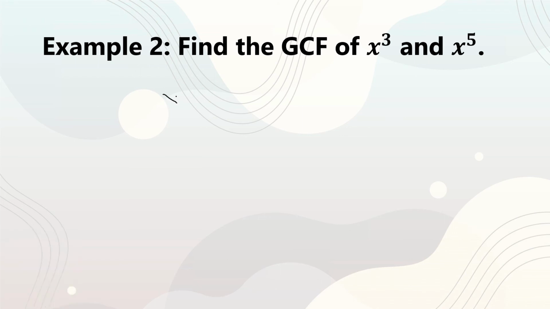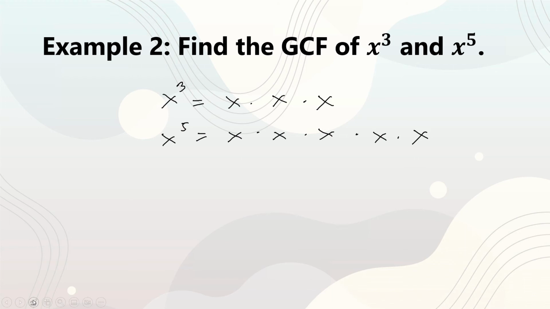For x cubed, you can expand it by multiplying x by itself 3 times. While x to the power of 5 means that x is multiplied by itself 5 times.